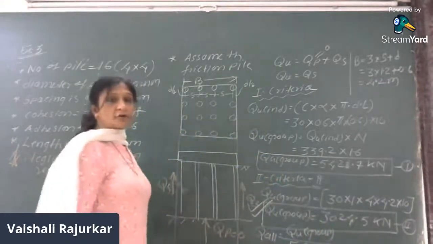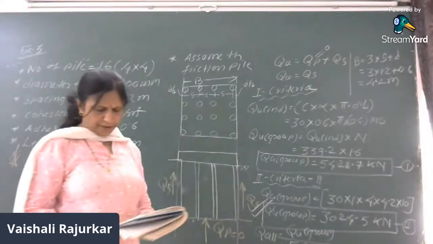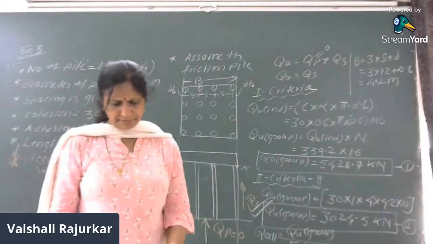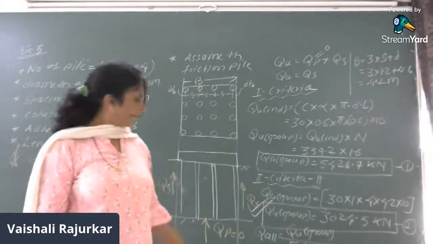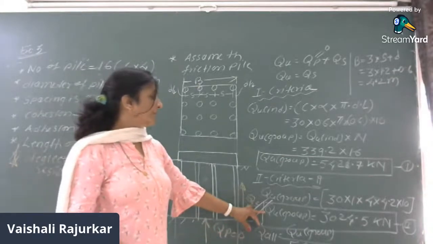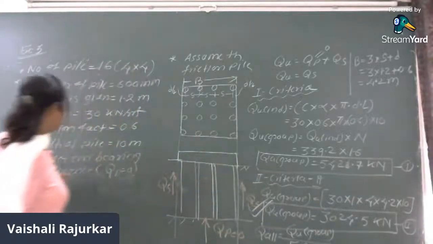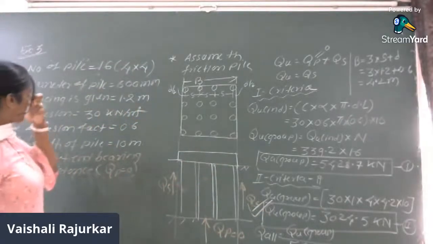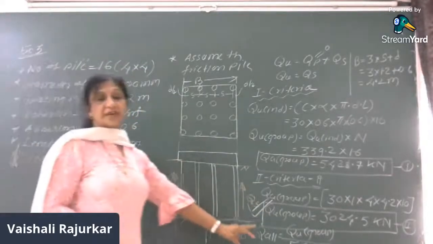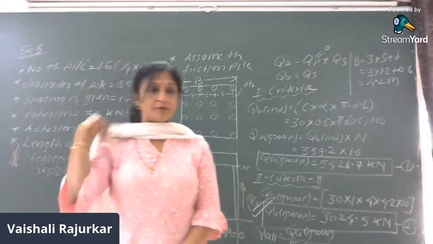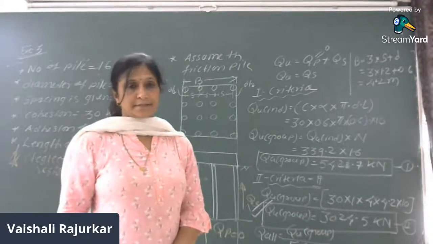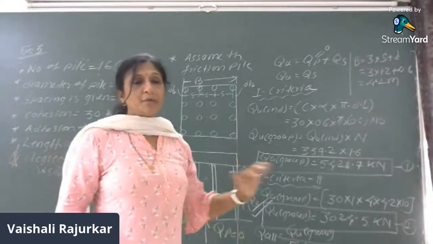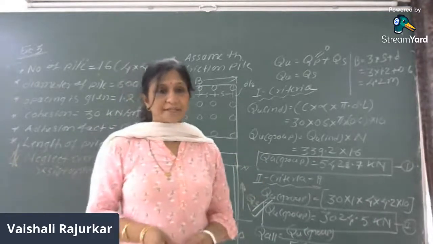Divided by factor of safety will give the value, that is 3024 divided by the factor of safety, which is given. We have to just find out the load carrying capacity of an individual pile, but here you have to neglect the end bearing resistance. Sometimes in the same numerical you have to find out the group efficiency.